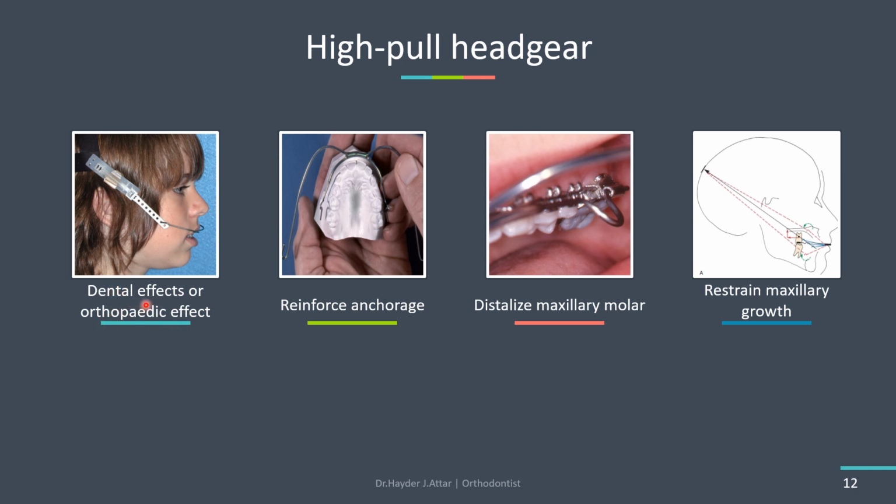The dental effect means reinforcement of anchorage and distalization of the maxillary molar. The orthopedic effect means restraining the forward growth of the maxilla, and in this case it is used for the treatment of class 2 cases due to maxillary excess or maxillary prognathism.